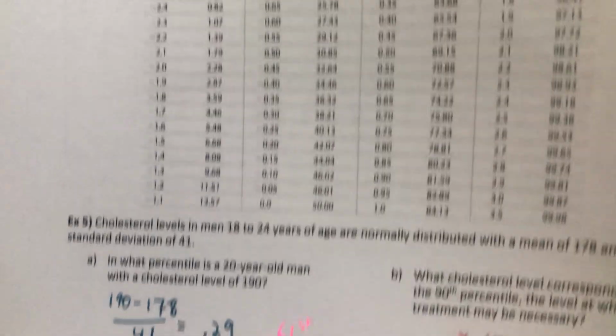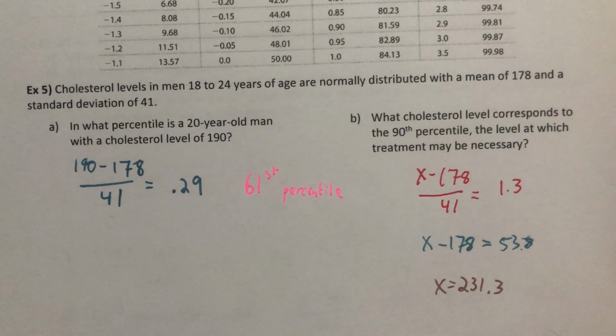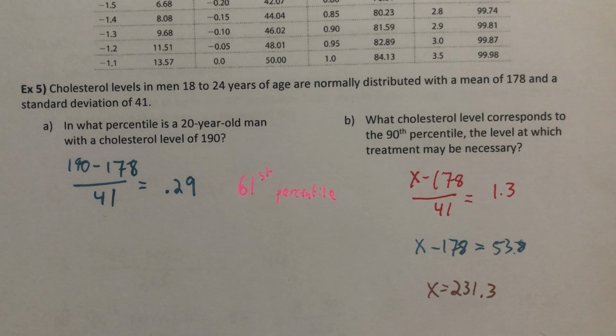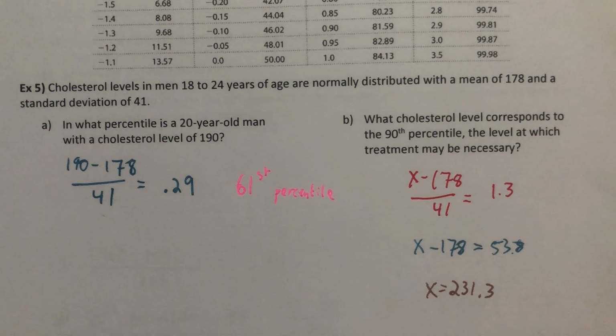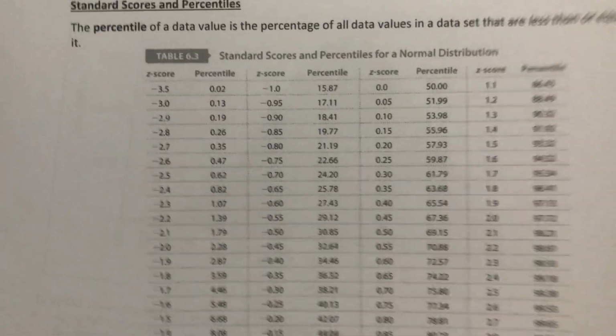So since we have the score and we're looking for the value, we're going to take x minus 178 divided by 41 equals 1.3. 41 times 1.3 is 53.8. Add the 178 and x equals 231.3. So if you have a cholesterol level of 231.3, you are going to need treatment.